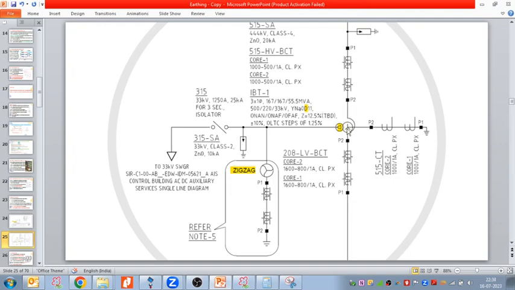This is 400 by 220 kV and by 33 kV. So 400 steps down to 220 kV, and it is going to the 220 kV system. And further we have a tertiary 33 kV voltage winding, right? We have discussed why we take the tertiary winding, what is the advantage, how it works as a stabilizing winding, right?